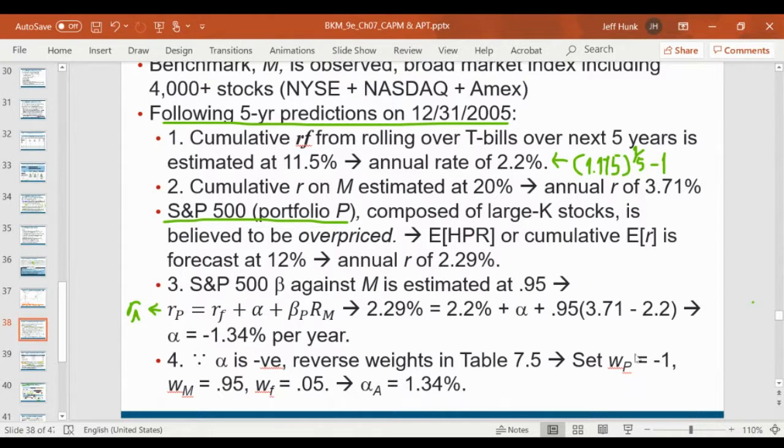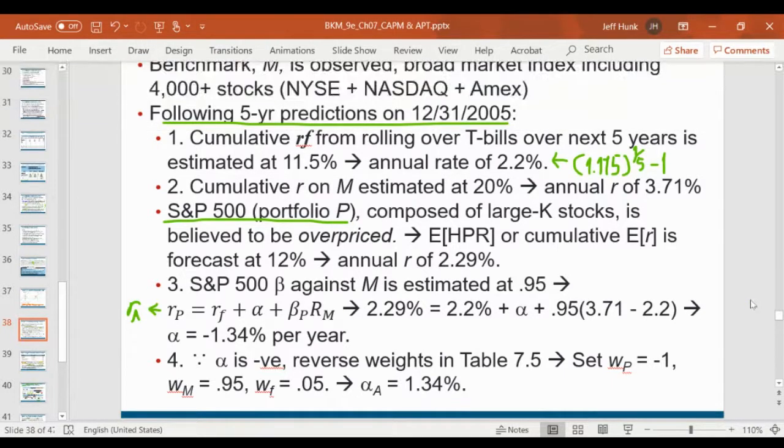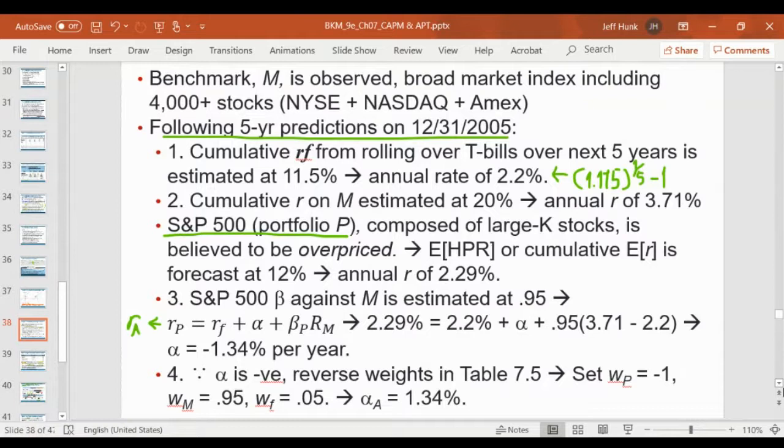I'm trying to correlate it with the end of 2005 forecast, right? And the risk-free rate is 2.2. That's the only thing that is close to that 2.23 that they just popped out there.